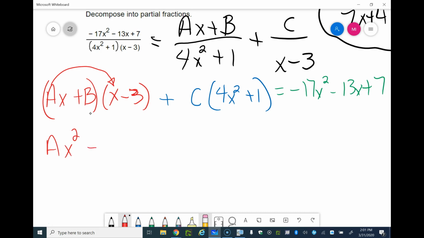This is going to be minus, because I'm going to take it to the negative 3ax. Now I'm going to do the b's and the x together. That gives me plus bx. And then this b times the negative 3 here, that gives us minus 3b.